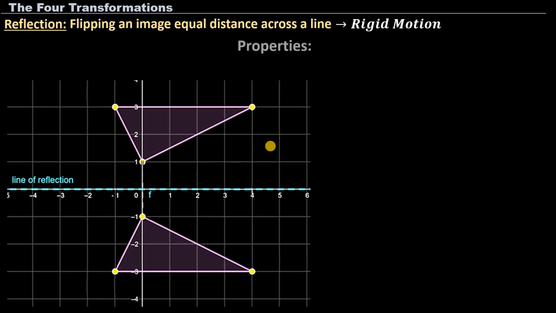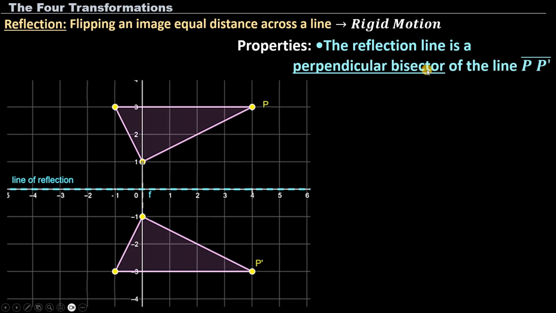So if we look at some properties for it, the first thing we can say is that the reflection line, this blue line right here, is a perpendicular bisector of the line P to P prime.